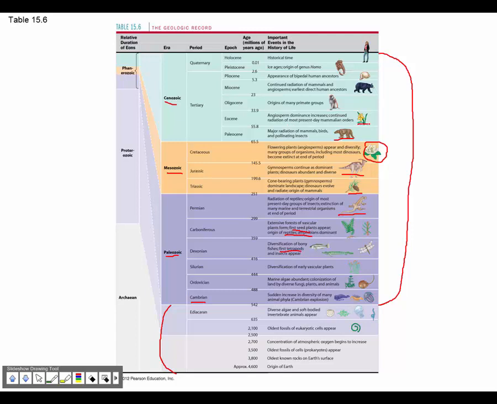Angiosperm dominance, right? Those flowering plants kind of took over the vascular plants, like the ferns and things like that. And then we get some primate groups, and mammals sort of keep going, and then we start seeing bipedal humans about 5.3 million years ago, and then our ice age, and 200,000 years ago, the first hominid appears.